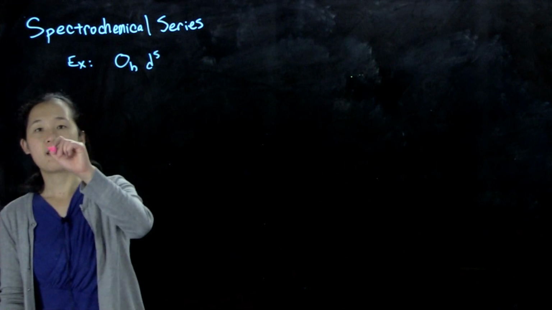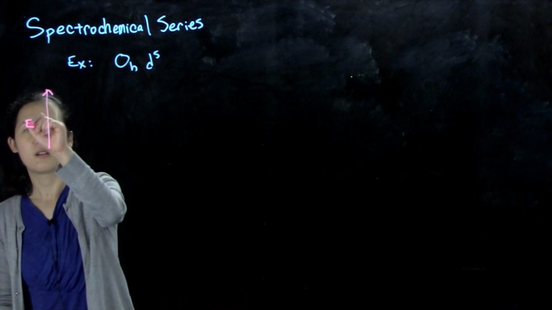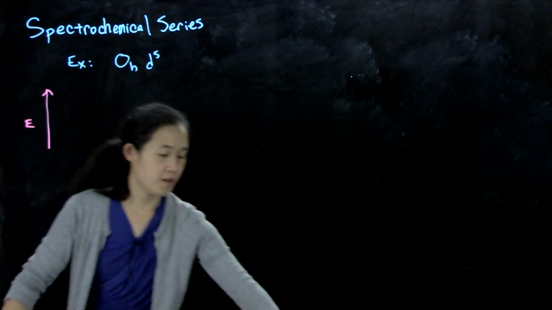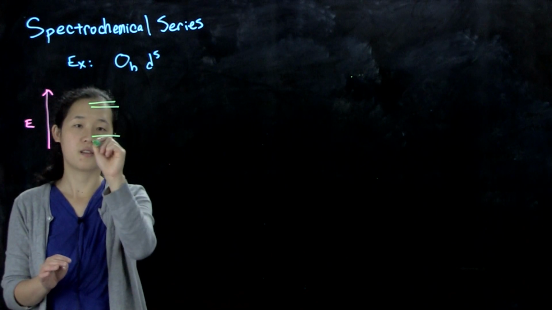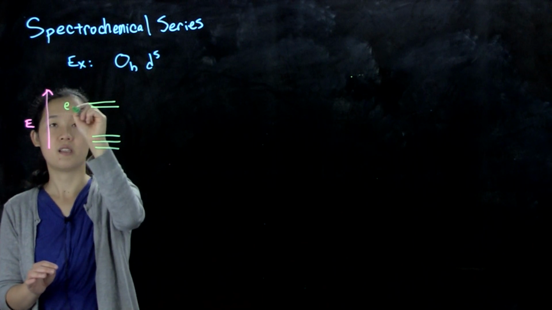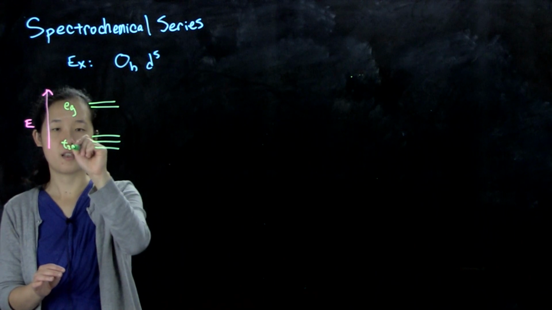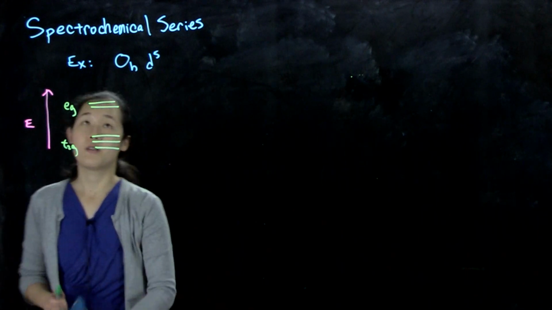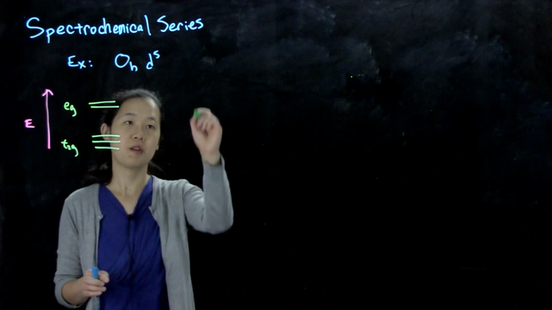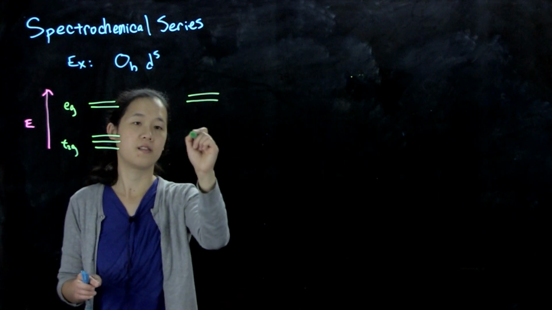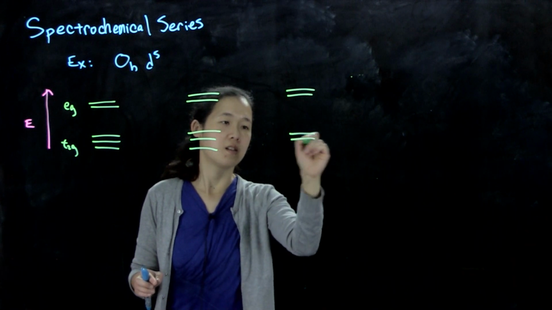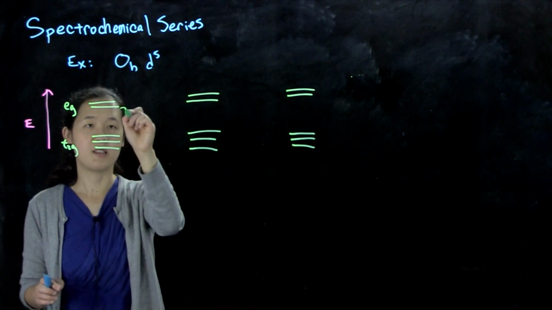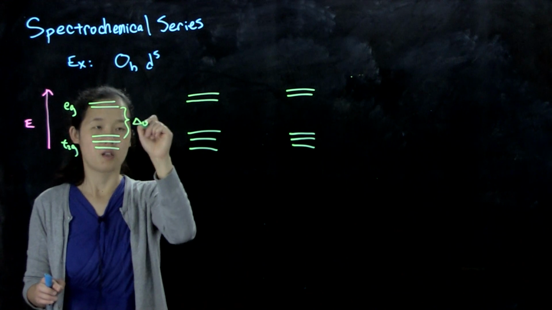If we plot energy, here's my energy going up, and then here is my d-d splitting pattern, again, eg, t2g. So d5, I'm going to draw 3 different sets of eg, t2g. And again, keep in mind, this is delta O.